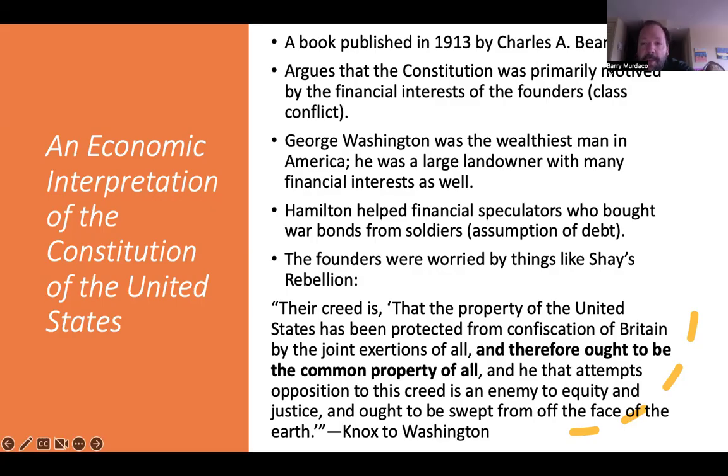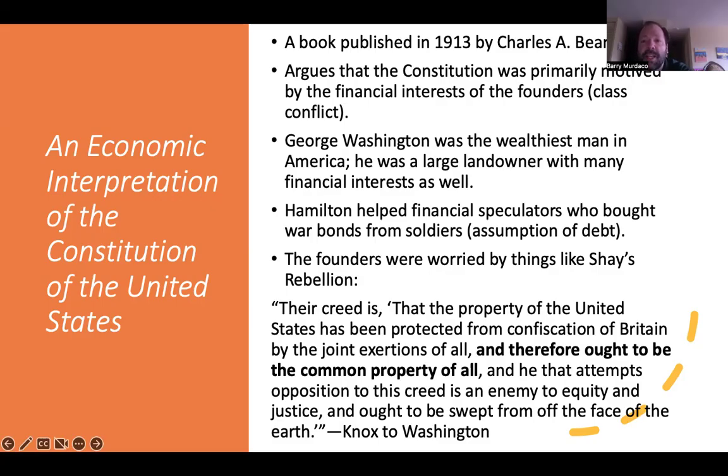For a while, this became kind of the most definitive interpretation of the Constitution. But then during the Cold War, it fell out of favor, which is that historical timing is interesting as well. But basically it is a kind of almost Marxist account of the founding of the Constitution. A little bit more simplified, maybe, than what Marx would argue.